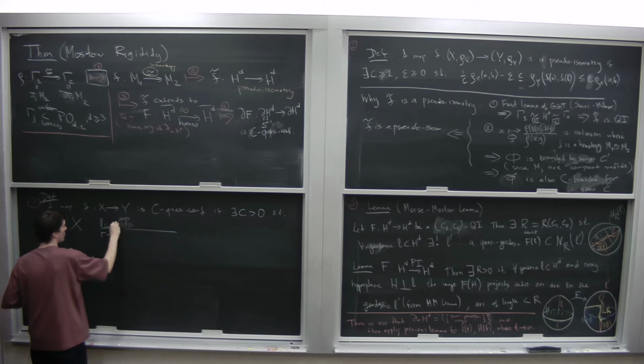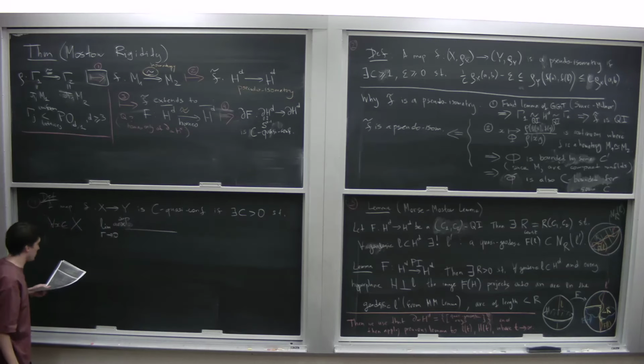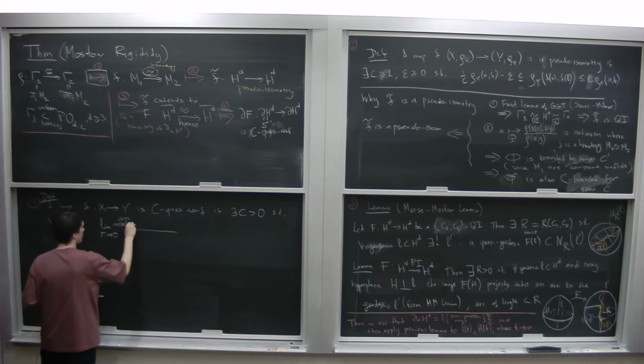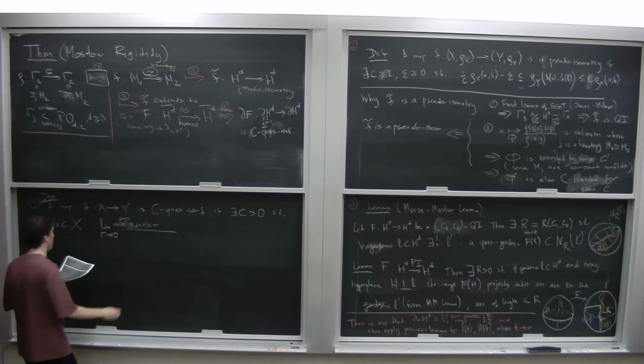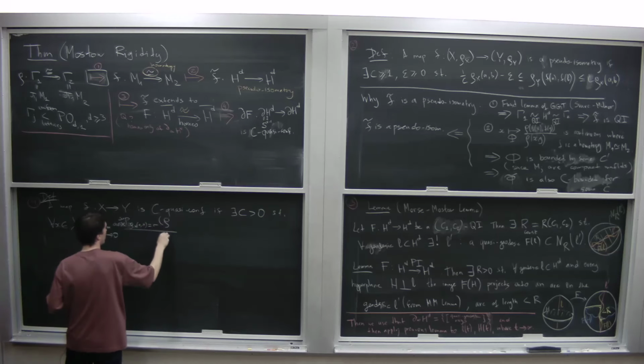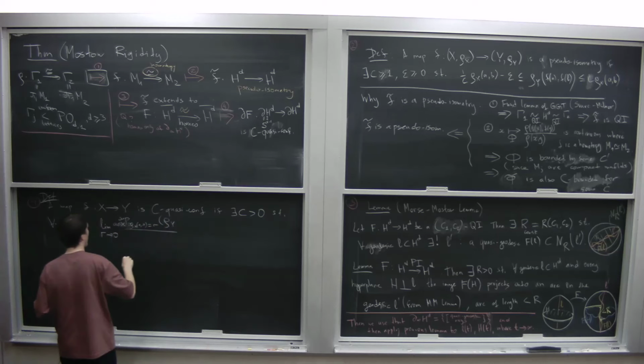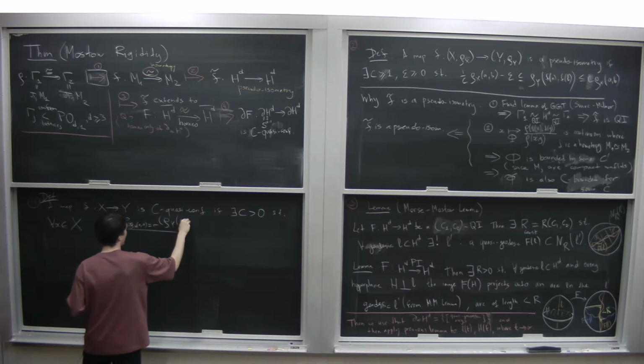So supremum over a from X, such that the distance between a and x is r, right? And supremum of which number? Rho Y, distance of F of a and F of x.